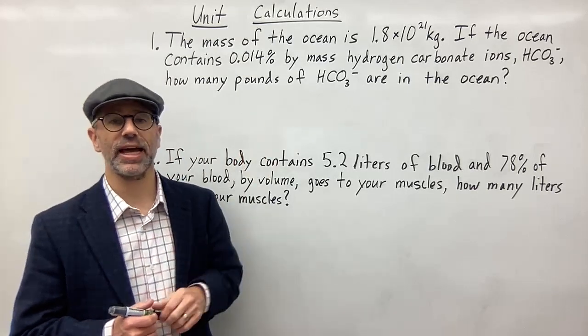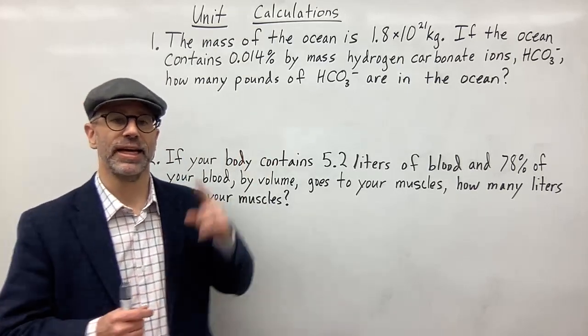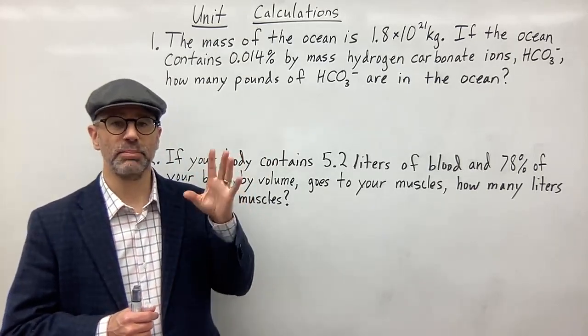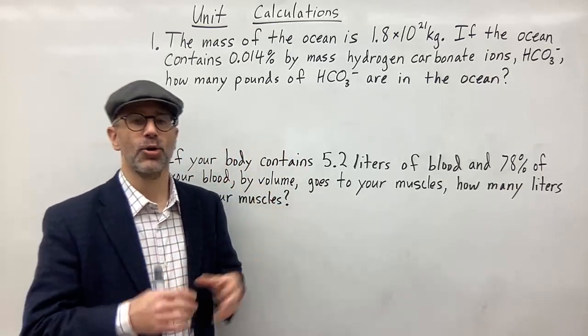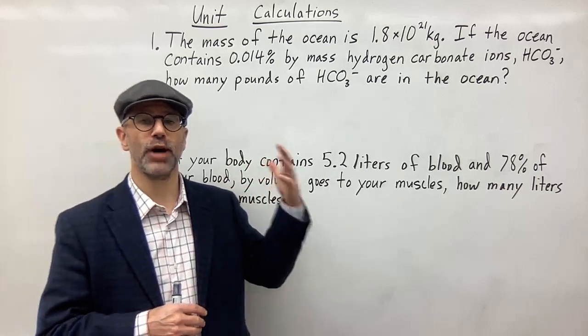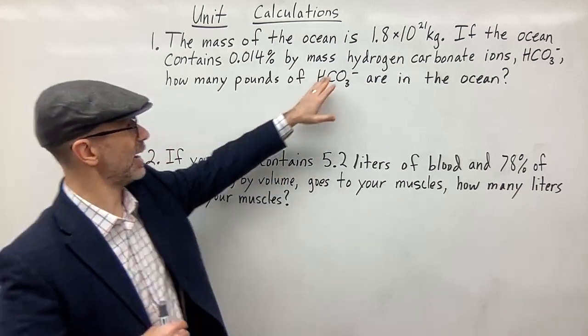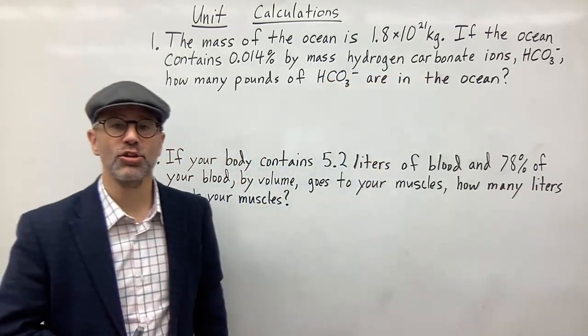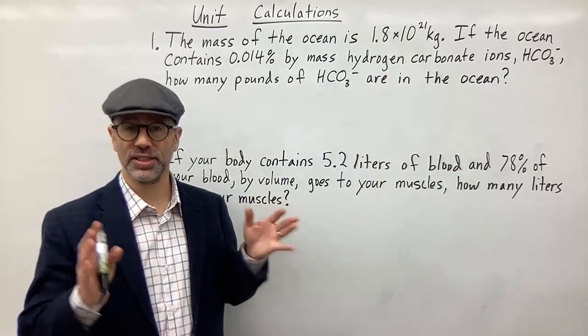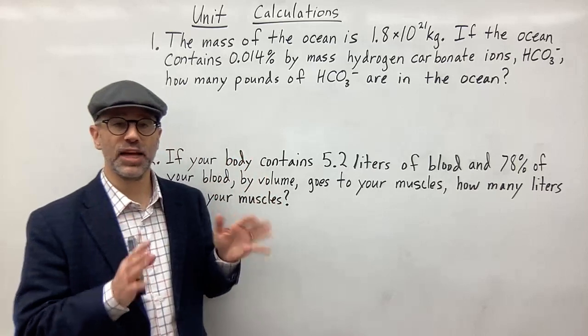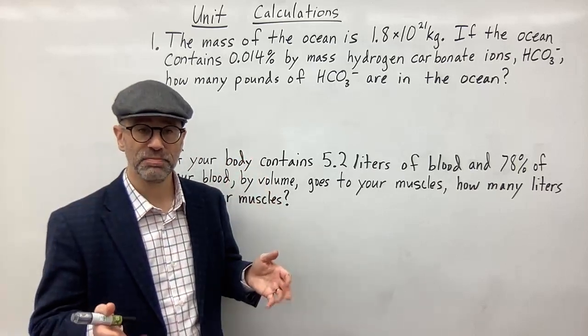That's going to be a conversion factor because it's relating percent by mass, the overall mass of the ocean related to the mass of hydrogen carbonate ions that are in the ocean. Percent means out of 100.